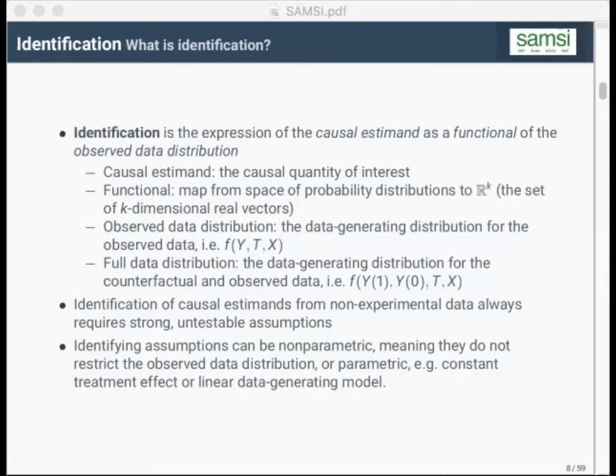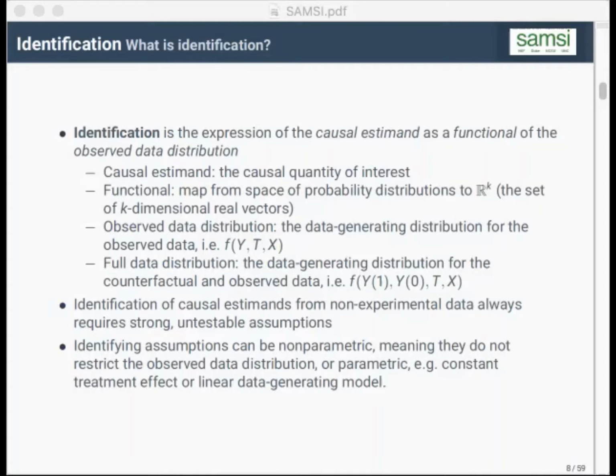So let's define these terms. A causal estimand is just the causal effect of interest. Most often it's the ATE, the average treatment effect, but it could be something more complicated like the distribution of the random variable y1. But basically the estimand is just the answer to the question that we're asking.